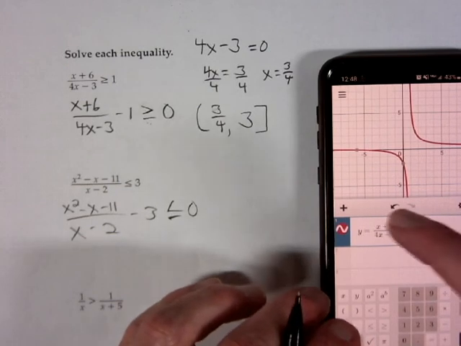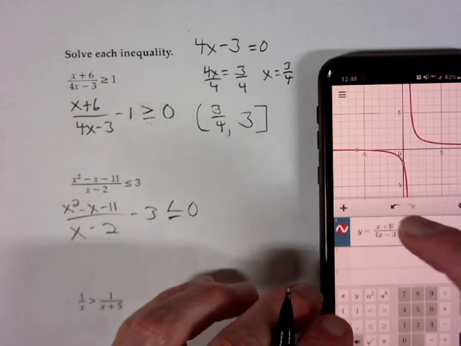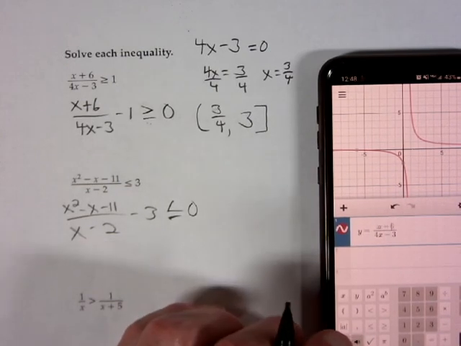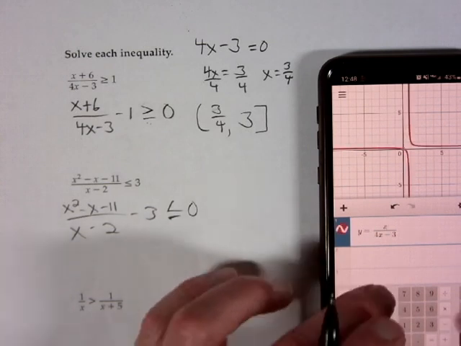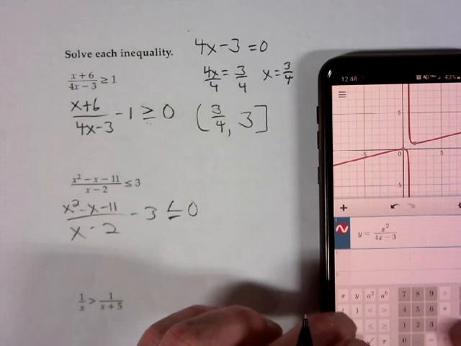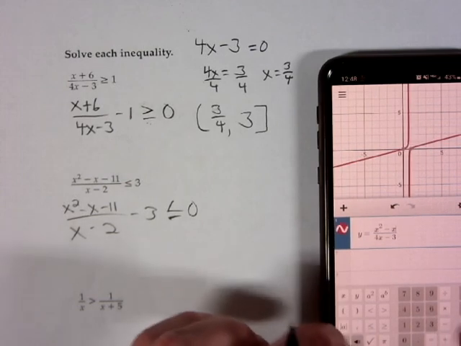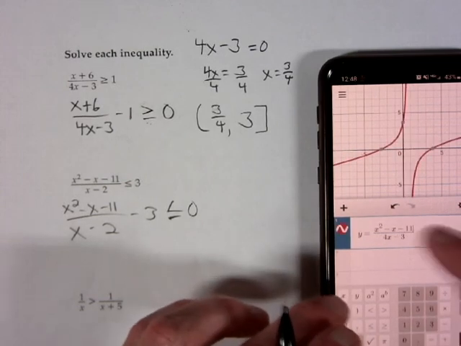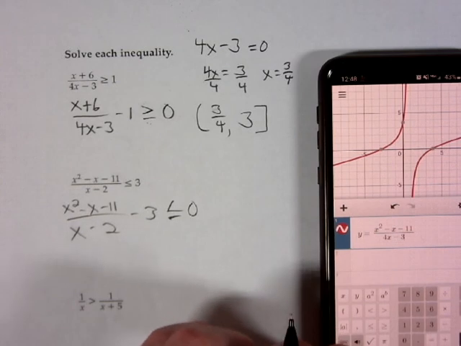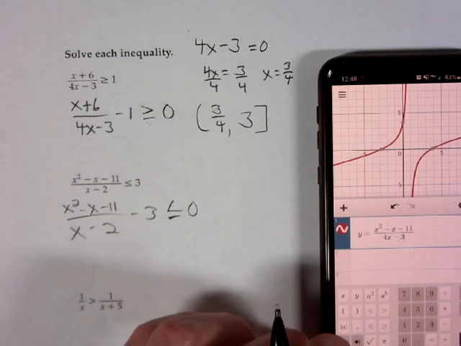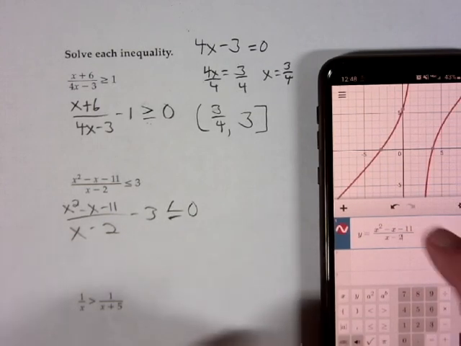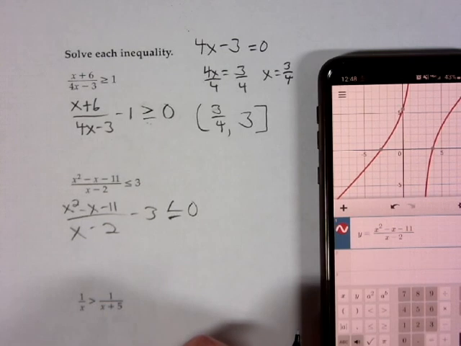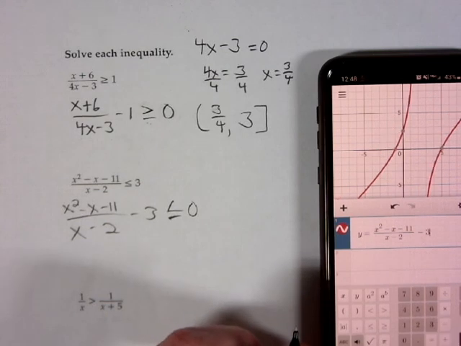From here now, I need to change the top of my fraction to x squared minus x minus 11, and I need to change the bottom of my fraction to x minus 2, and then minus 3.